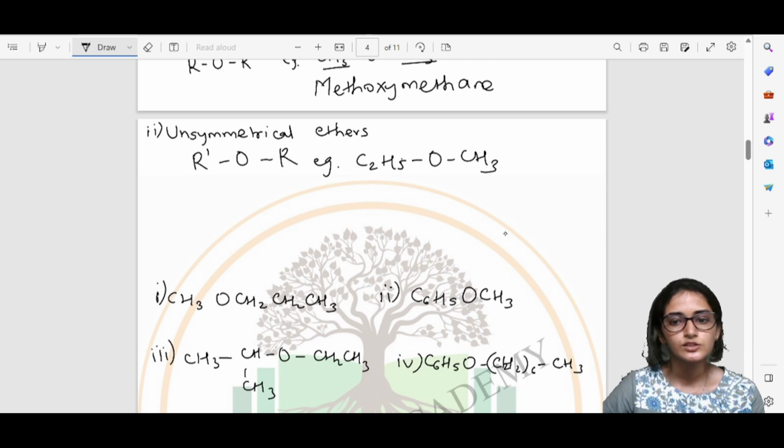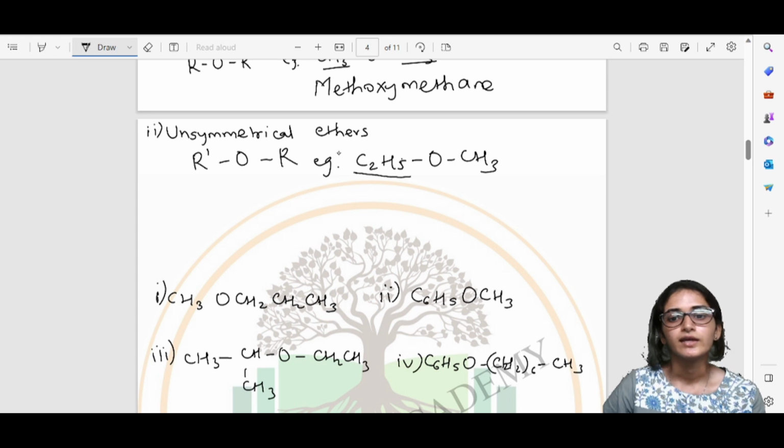The next, now here there are different groups, right? So since there are different groups, you will have one question: which group to write in this form and which group to write in this form. So here, according to IUPAC, the last name we are writing, this name we are writing as suffix, that should be the longest chain, the alkyl chain with the more number of carbons.